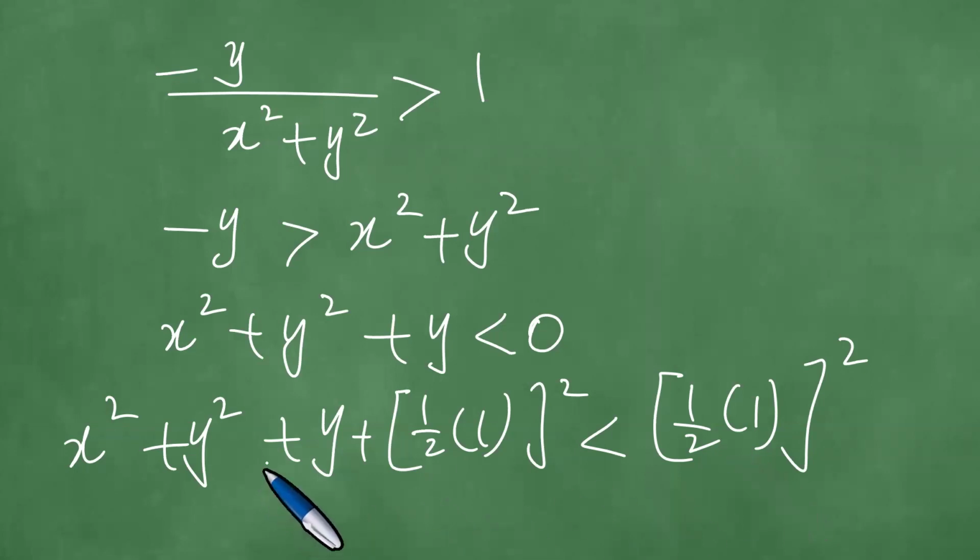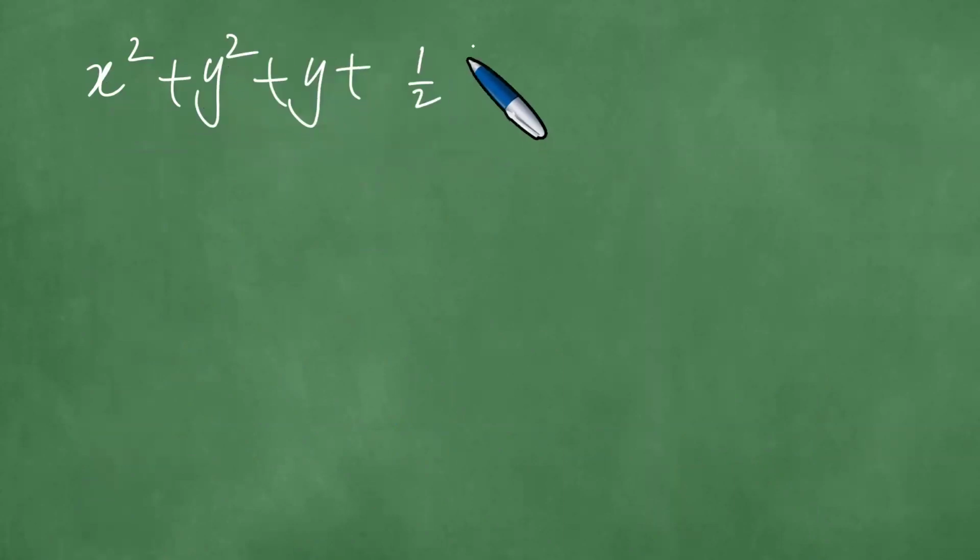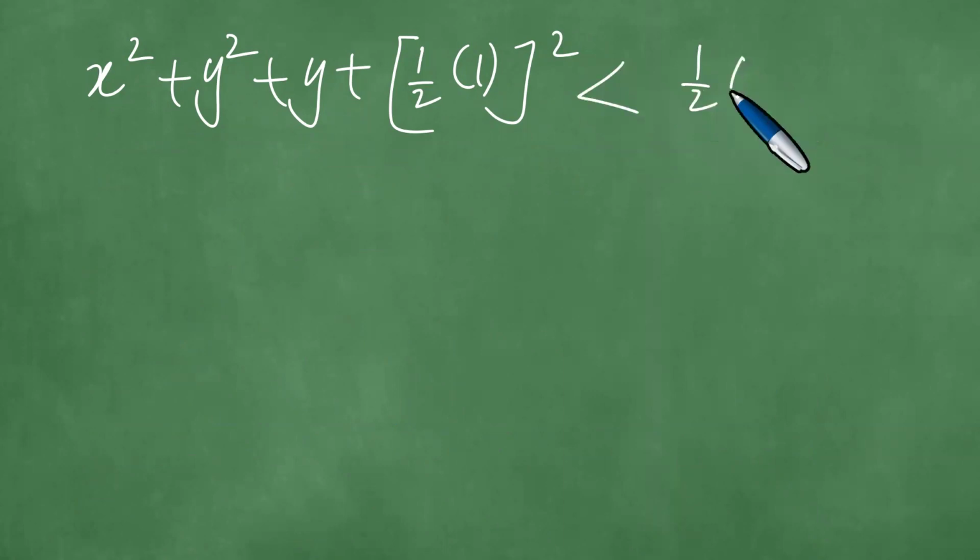Because to sketch it's always easier to convert to x and y, this is x squared plus y squared plus y plus 1/2 of 1 squared, less than 1/2 of 1 squared.